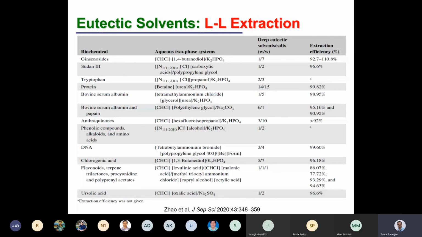Then we try to recover the byproducts from the eutectic solvents.